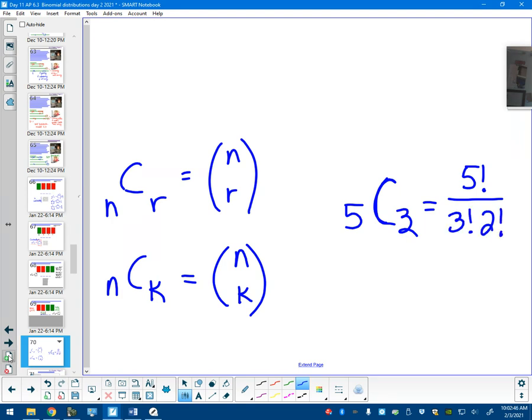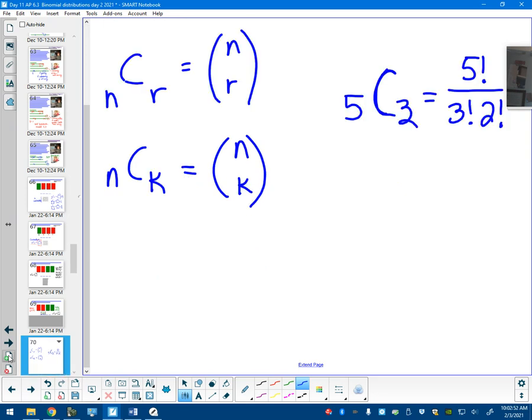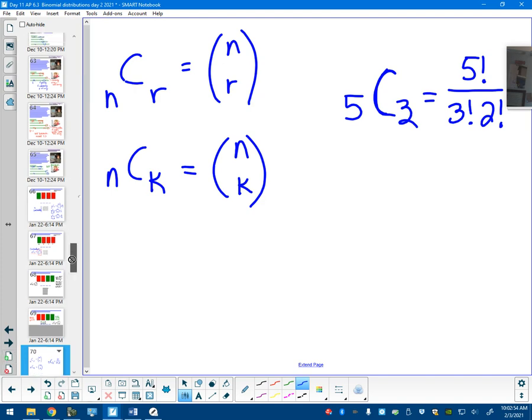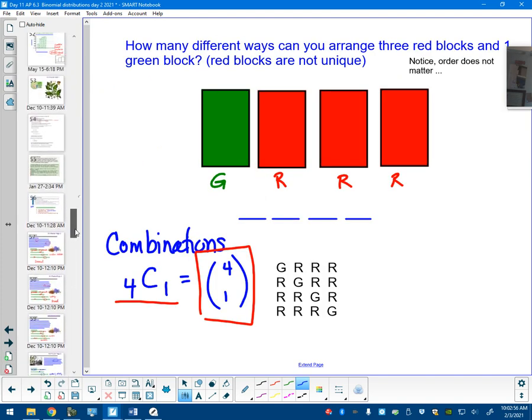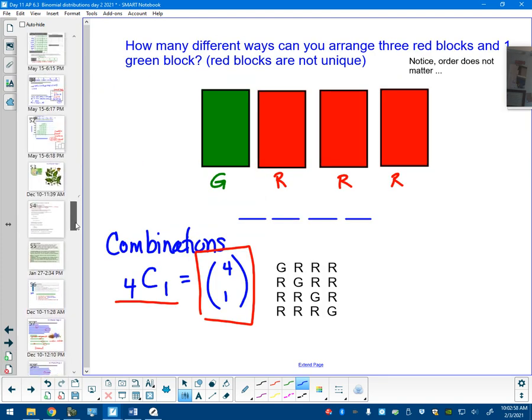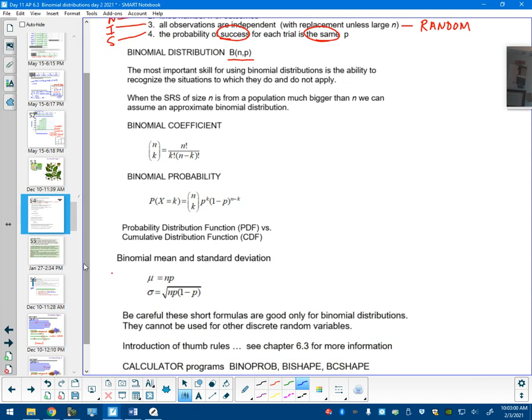Well, there's a formula to do this, and the formula is this. The bottom two numbers have to add up to the top, because on your purple paper, so let's go back to that purple paper, and also on page 3, right here is the binomial coefficient. What I would like you to put in front of that is nCk.